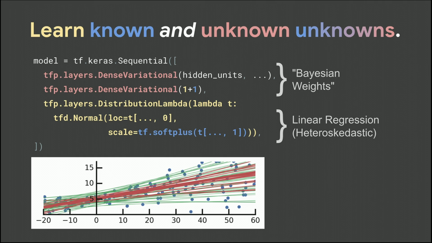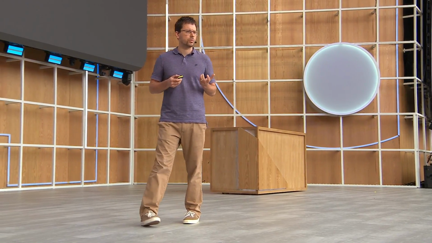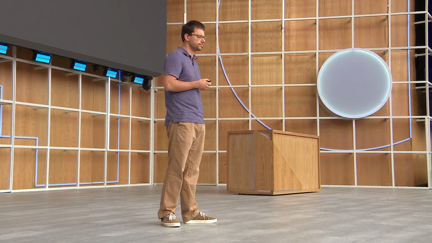And yet, each of those dense variational layers are sort of representing an infinite number of possible weights. So now we're starting to get a fairly sophisticated model. And to get here, all we had to do is keep swapping out one sort of Keras layer for a probability layer. Output a distribution, change weights to be distributions. So that's pretty powerful, and yet a sequence of simple changes.